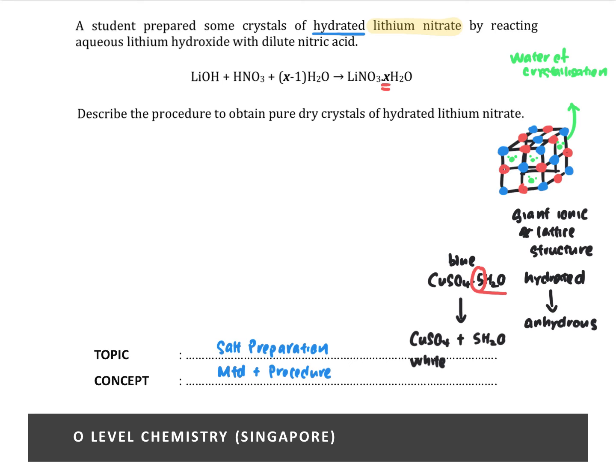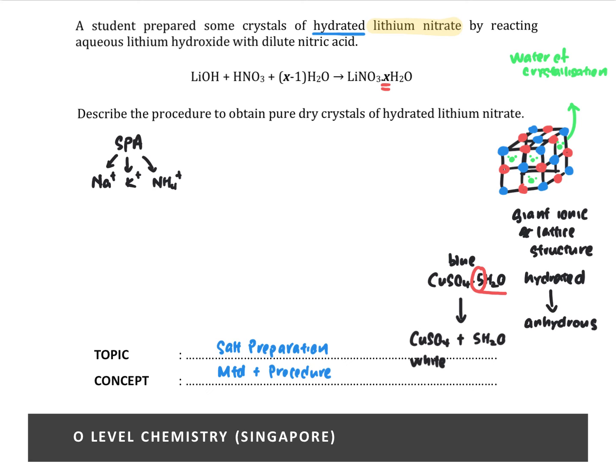So how do we prepare lithium nitrate? That itself is very tricky. Why? Because we are familiar with the term SPA salts. Now SPA does not just include sodium, potassium and ammonium. Why we use SPA is because it is easy to remember.